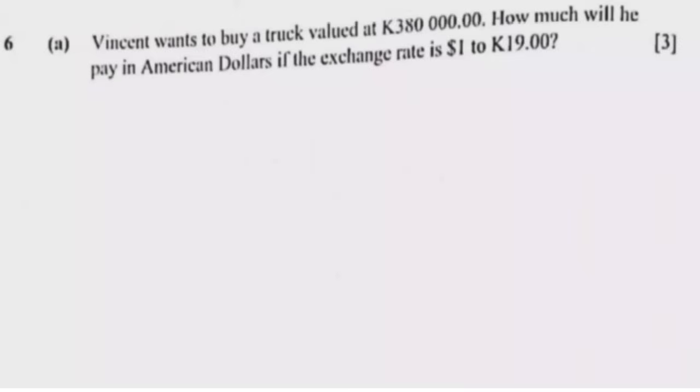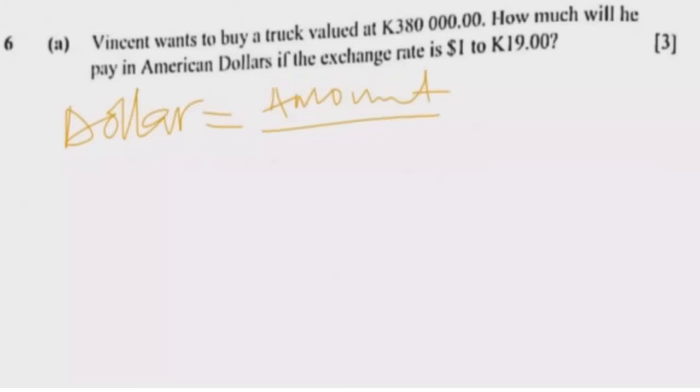So what we can do is first come up with the expression, which is money in dollars is equal to money in kwacha, that is the amount, divided by exchange rate.